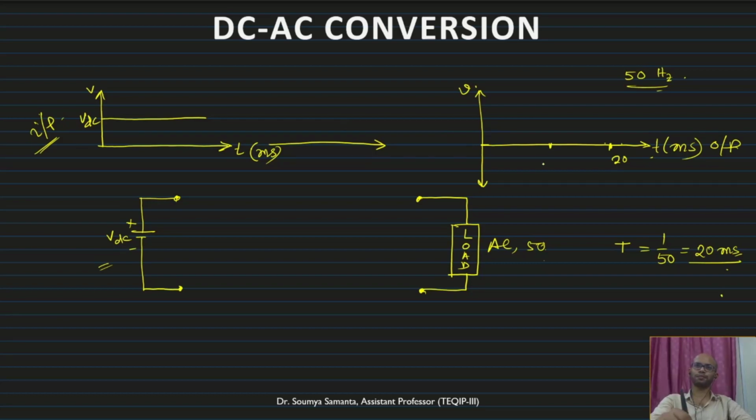What will be the half cycle? Half cycle will be 10 milliseconds. Now what will we do to generate AC out of DC? First, let us connect the source directly to the load. Then what will we get? We will get a voltage of VDC at the output. So this is the output voltage.